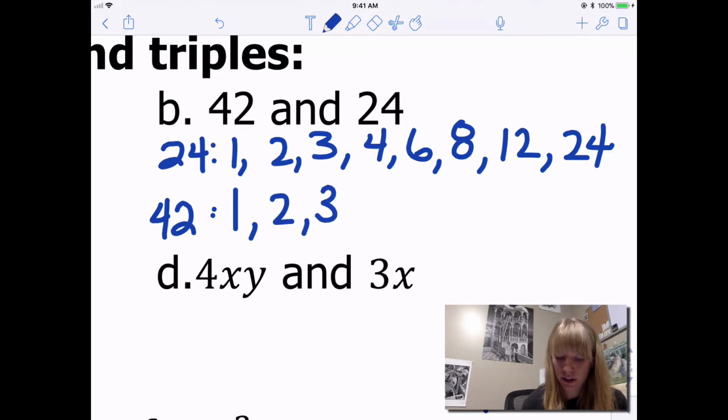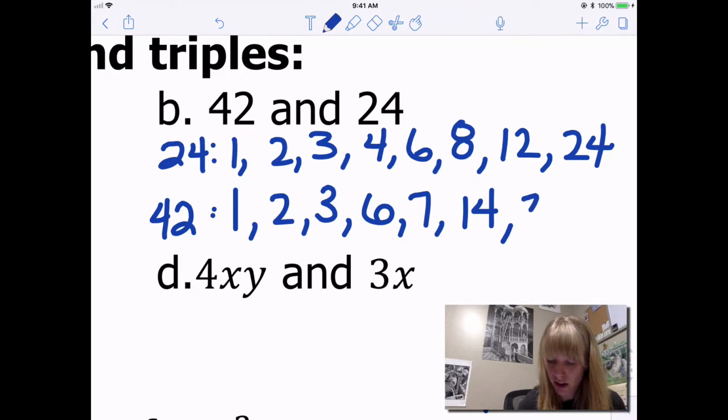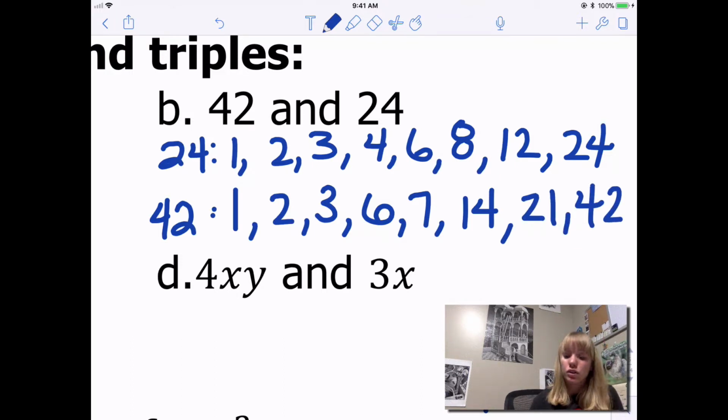If you need to check that one in your calculator, do it. 4 does not go in evenly, 5 does not, 6 does, 7 does, because 7 times 6 is 42, 8 does not, 9 does not. Really, we can look for what multiplies with 3. We said that was 14. 2 times 21, and then 42. So I'm looking for what is my largest in common. Looks like 6 is my GCF.